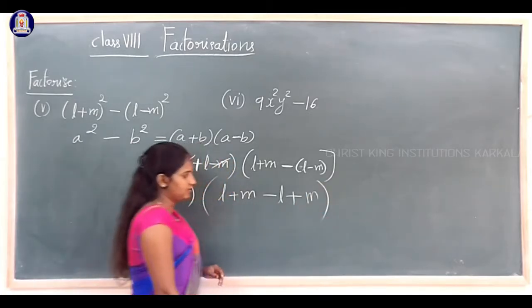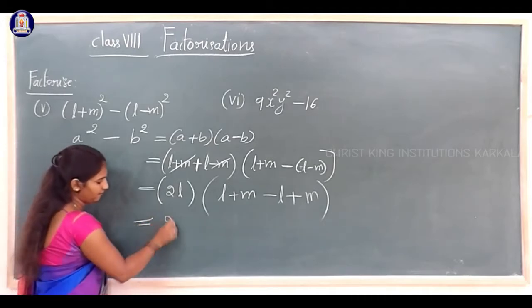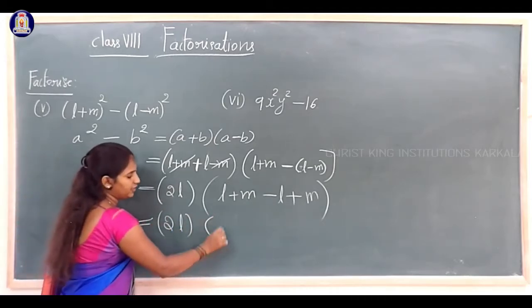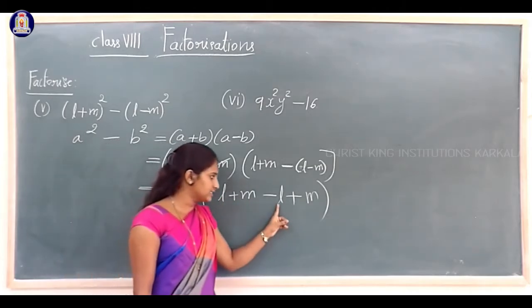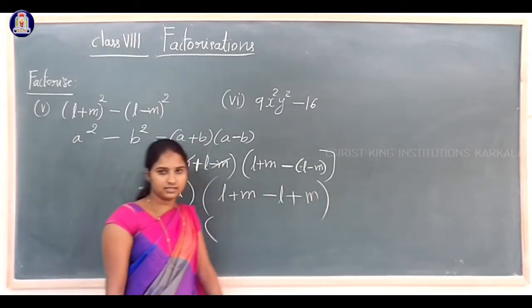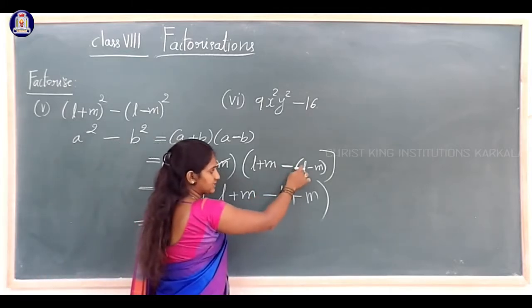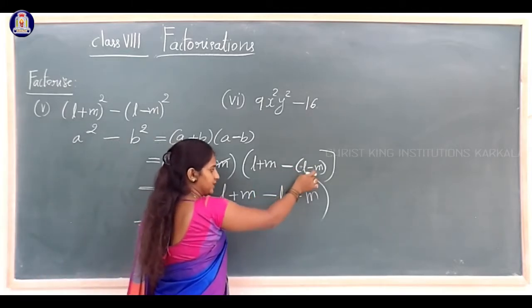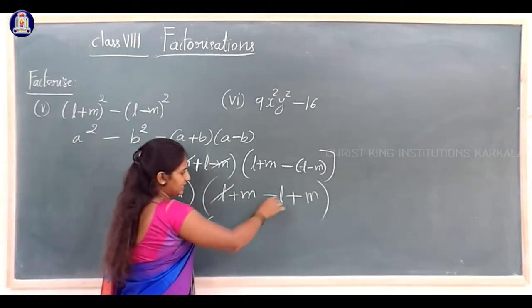So now the answer we got is 2L into, now L + m − L + m is remaining. Understood? If you multiply by the sign, minus into plus, minus into minus plus. Here the variables L and L get cancelled.